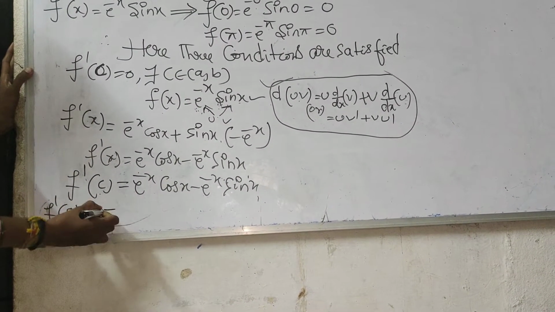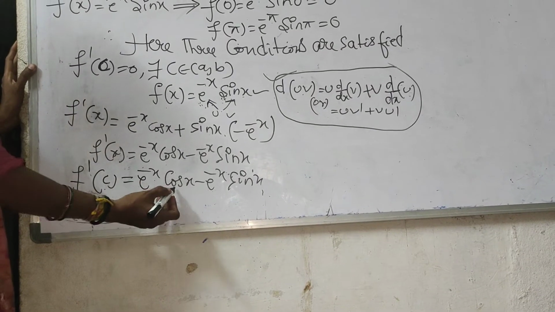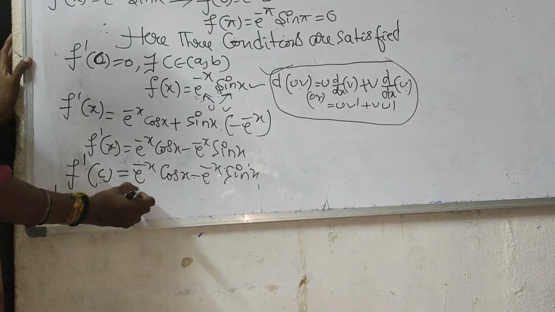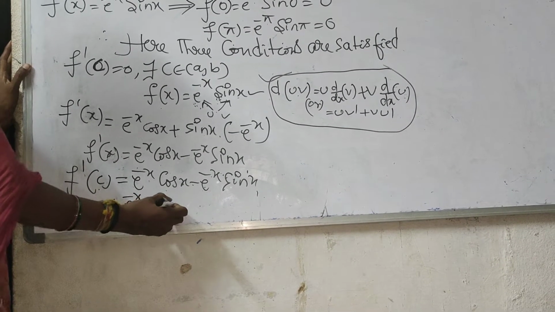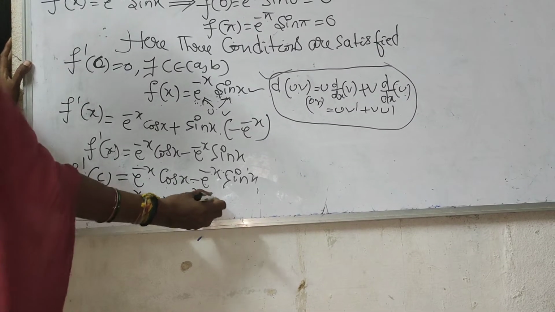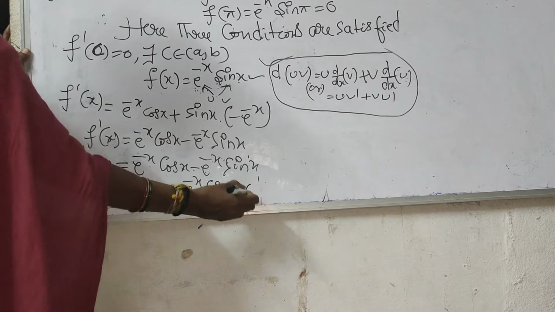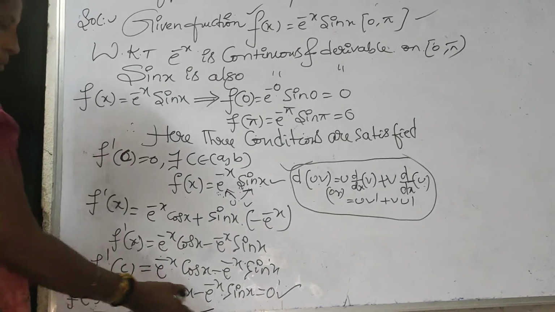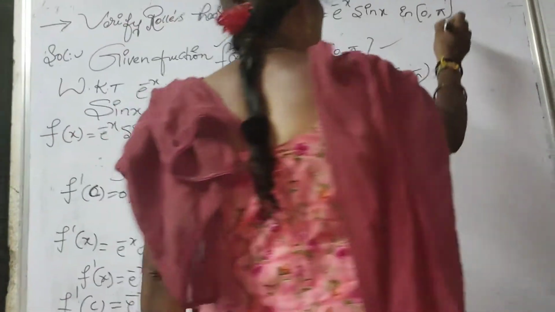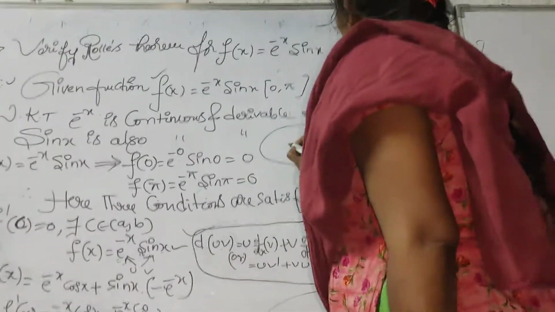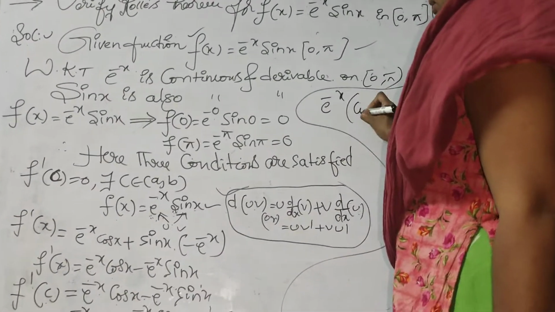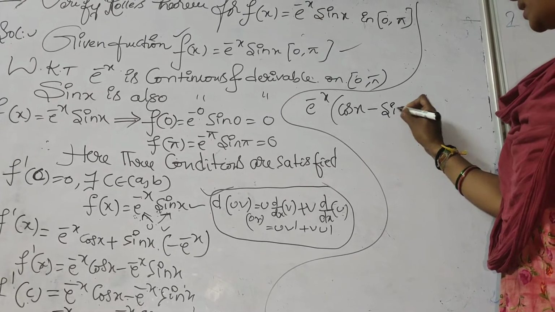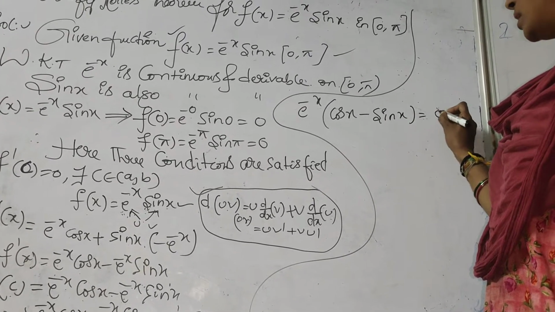That implies e power minus x cos x minus e power minus x sin x equals 0. Now e power minus x is common. So e power minus x into cos x minus sin x equals 0.